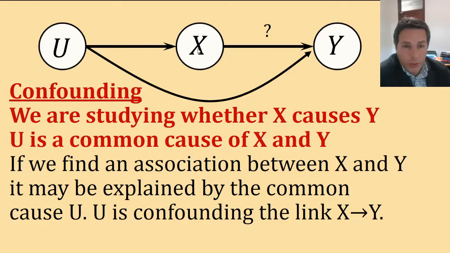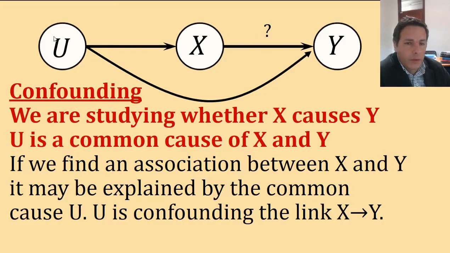By that, when the experimenter fixes the value of x, we are blocking the pathway between u and x. And therefore, we can say that the effect of x on y is because of x and not because u caused x.